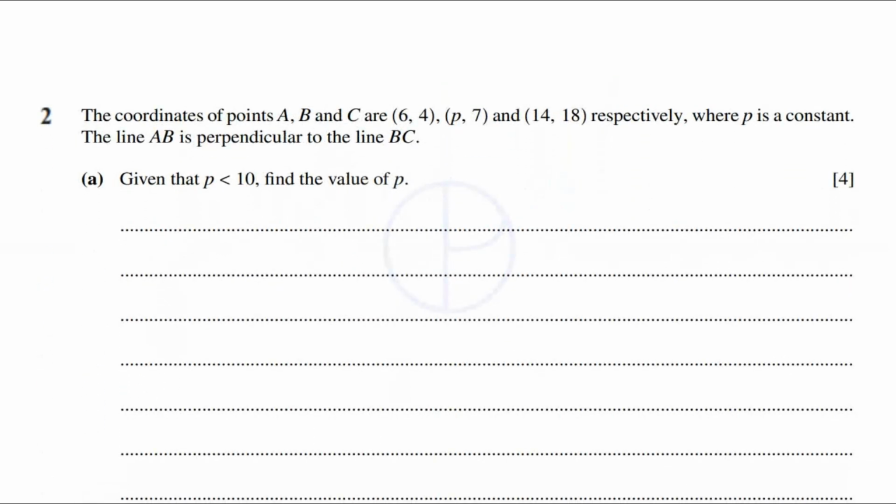The next question is: the coordinates of the points A, B and C are (6, 4), (P, 7) and (14, 18) respectively, where P is a constant. The line AB is perpendicular to the line BC. Given that P is less than 10, find the value of P. So it's given AB and BC are perpendicular.